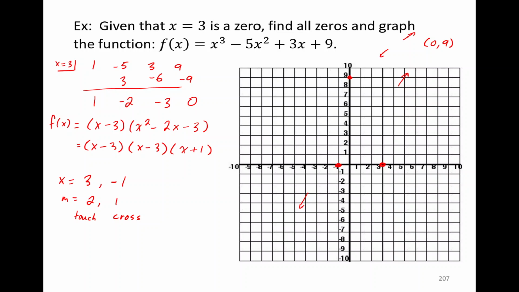So I'm going to start from my third quadrant, where I have it falling to the left, and I'm going to rise up to negative 1. Actually, I should connect. All right, so it's going to rise from the left up to the point (negative 1, 0).